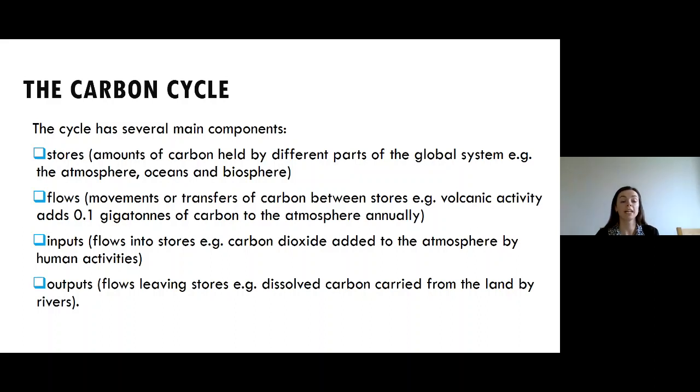For example, volcanic activity adds 0.1 gigatons of carbon to the atmosphere annually. Inputs are flows into stores, for example, carbon dioxide added to the atmosphere by human activities. And the cycle has outputs, so flows leaving the stores, for example, dissolved carbon carried from the land in solution by rivers.